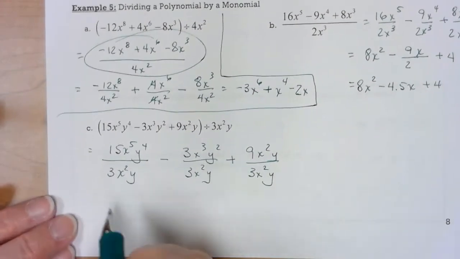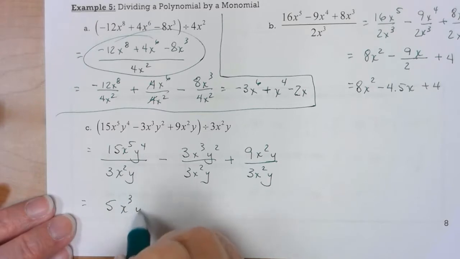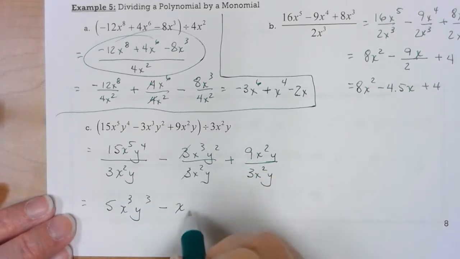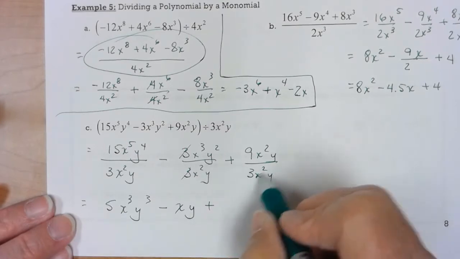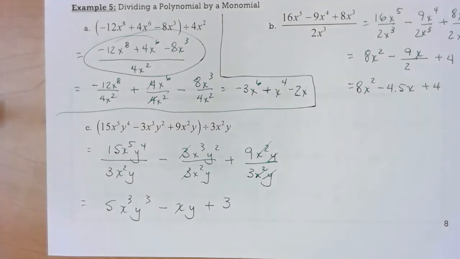And do them individually. 5x cubed y cubed minus. So hopefully you ended up with that. And that'll be it for this one. Thank you.